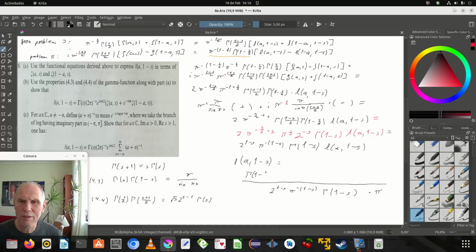Gamma of 1 minus s halves, gamma of s halves. That doesn't really give us anything. So maybe we should do this anyway. I can't see how we can continue from there.